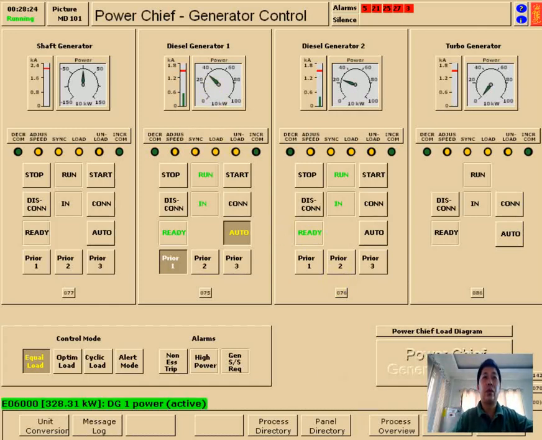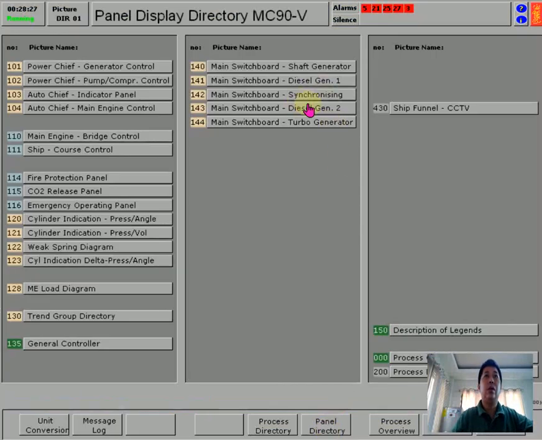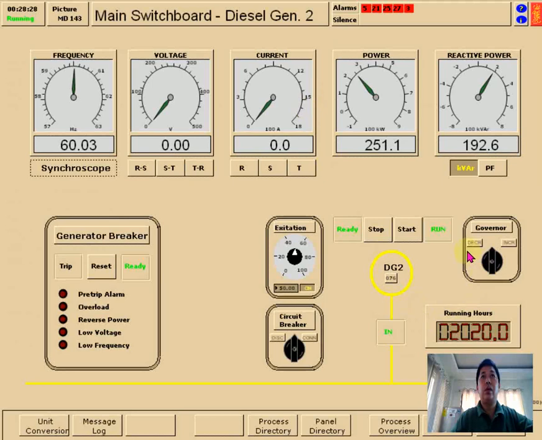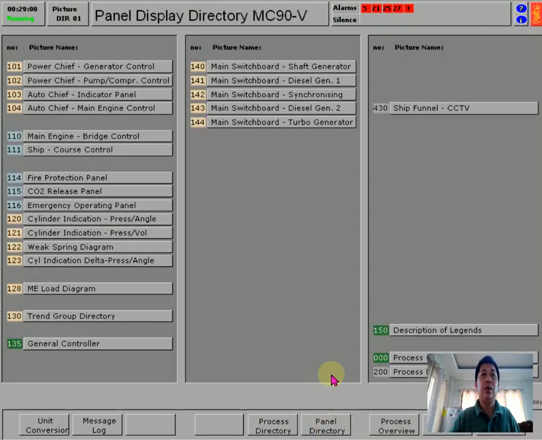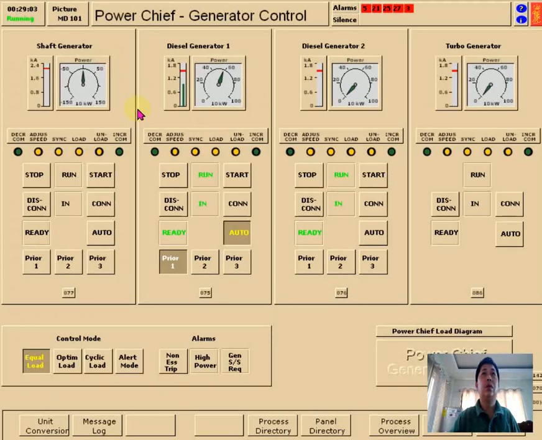Now I will open number 2 and reduce the load to 0. As you can see now, the load of DG2 is at 0.